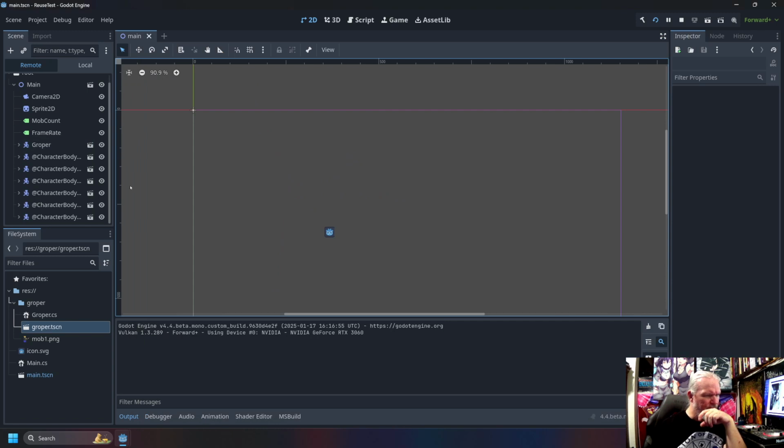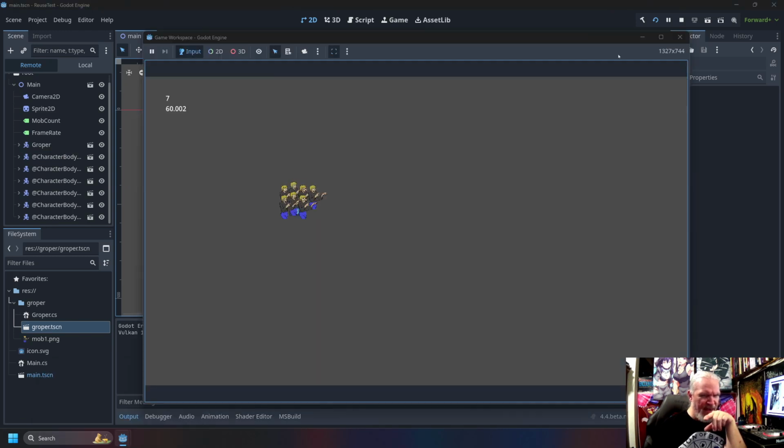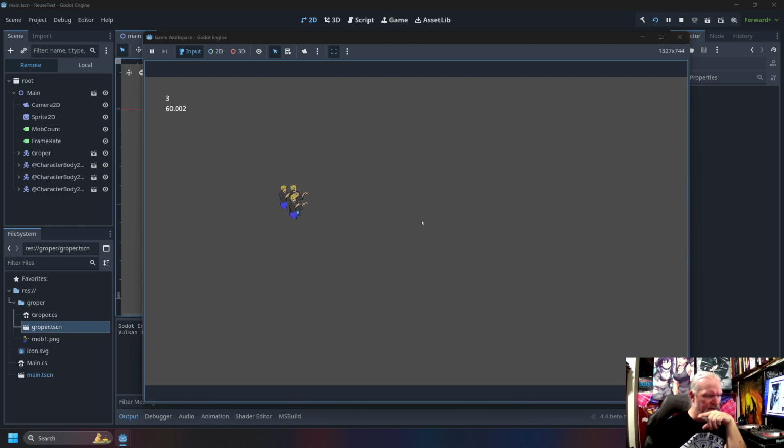But one of the things that was fairly instructive for me was that I started thinking of scenes not as scenes, but as subtrees.